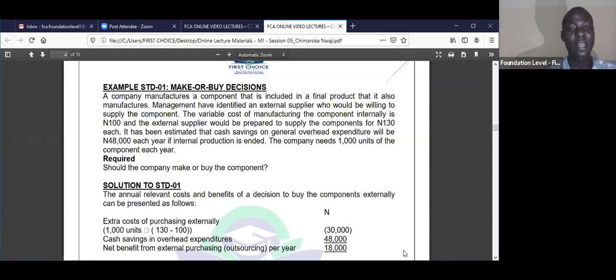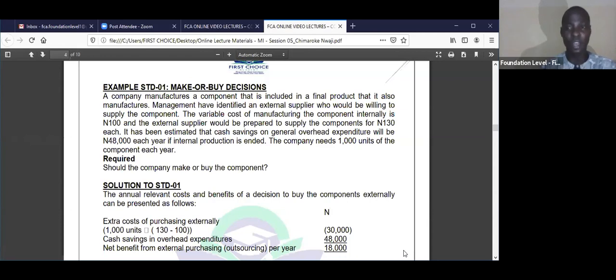Now let's look at how we can use relevant costs. Now, the extra costs of purchasing, that means what is the extra thing you are going to spend if you had purchased it externally. Normally, you are spending 130 naira for one if you are buying it outside. But if you are doing it inside, you are spending only 100 naira. So what is the increment? That is the extra cost.